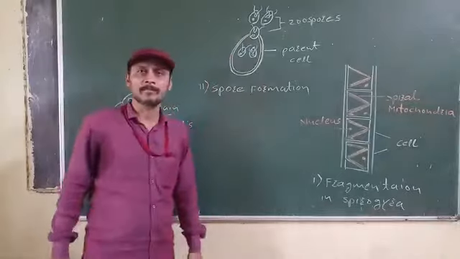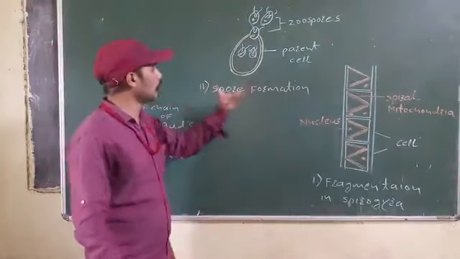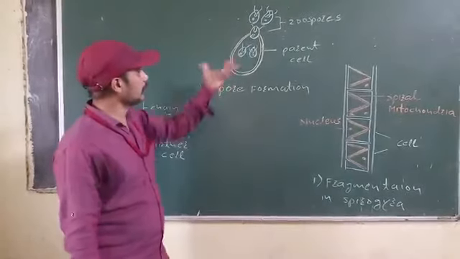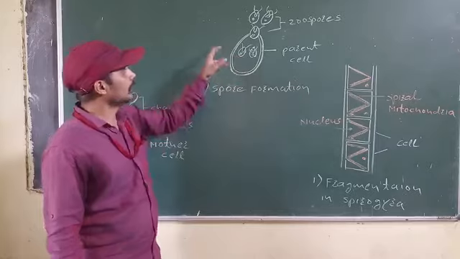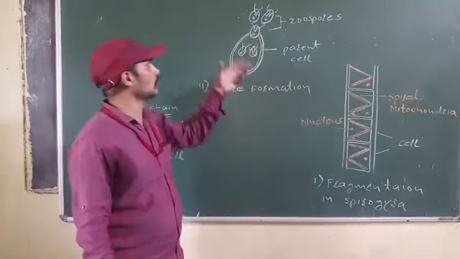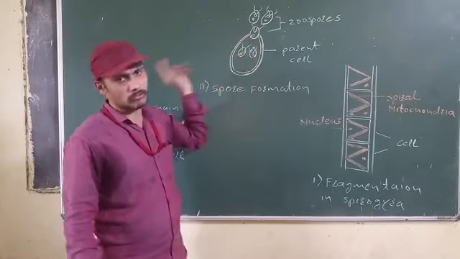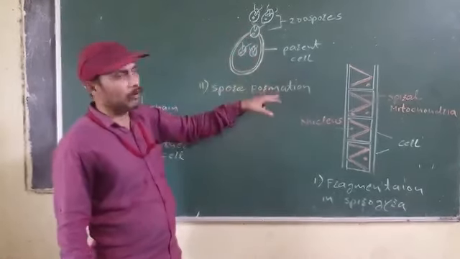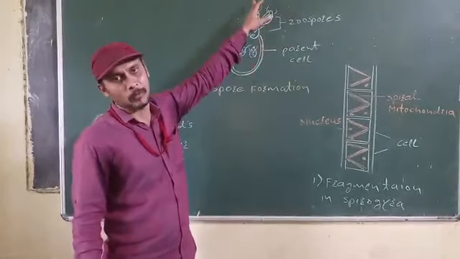The second one is spore formation. So what is spore formation? It takes place in Chlamydomonas, which is an alga. After maturity of the cell of Chlamydomonas, it forms small spore-like structures, and these spores give rise to young Chlamydomonas.